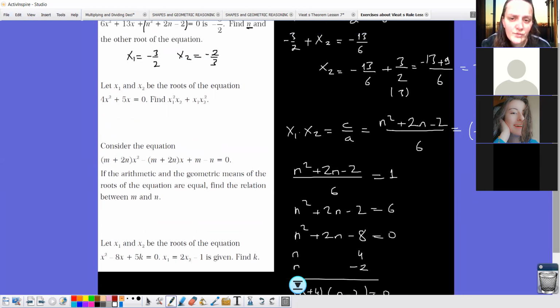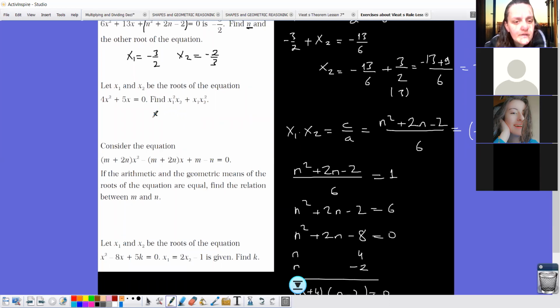If you have any other question here, or I will continue to the next one to check if you can solve it or not. If not, I will try to solve it for you. Here it says x1 and x2 are the roots of the equation. Here is the equation. Find x1 squared times x2 plus x1 times x2 squared. Now, what do you think?